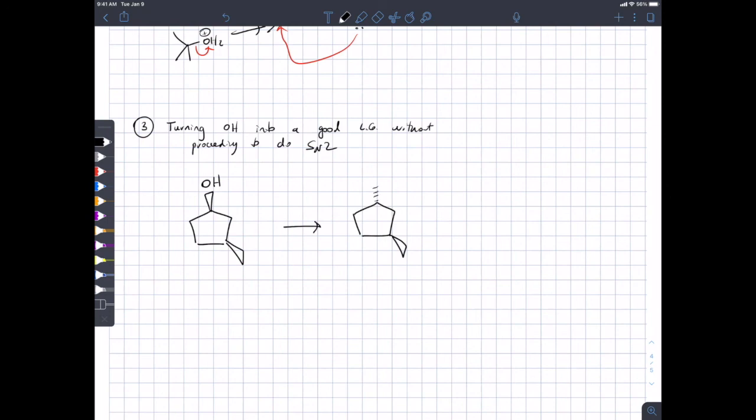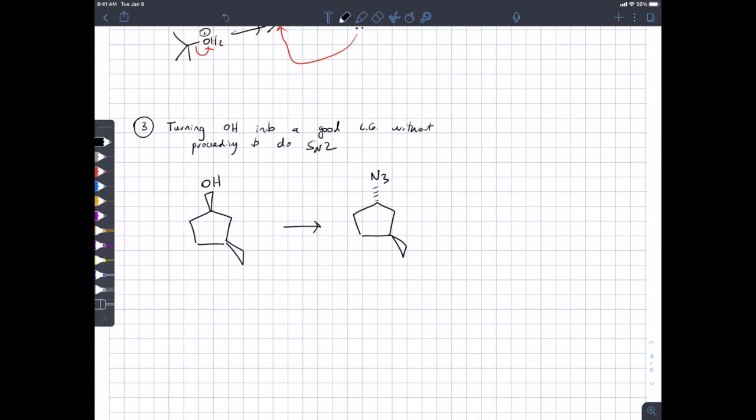What if I wanted to replace the OH group with the azide with inversion of configuration? Our approach earlier wouldn't work, right? Turning OH into the bromide with PBr3 and then using azide would give you the opposite stereochemistry, and you can't use azide directly because OH minus is a cruddy leaving group.